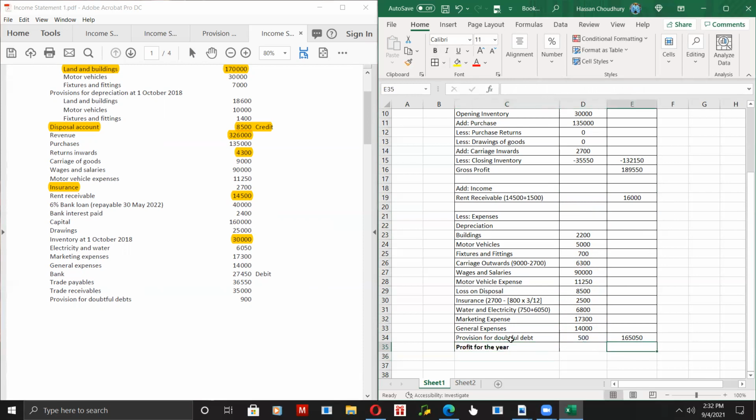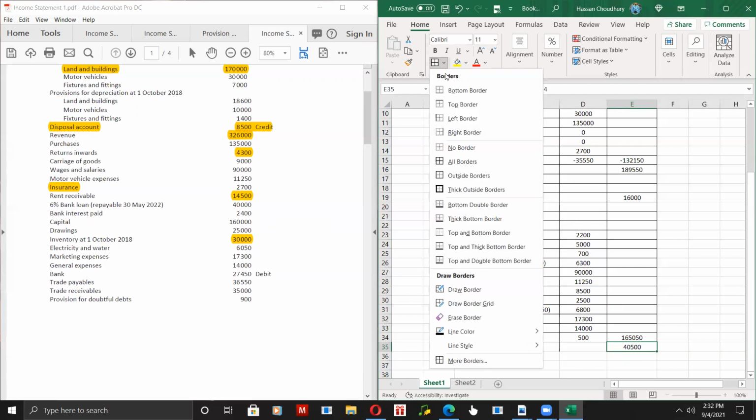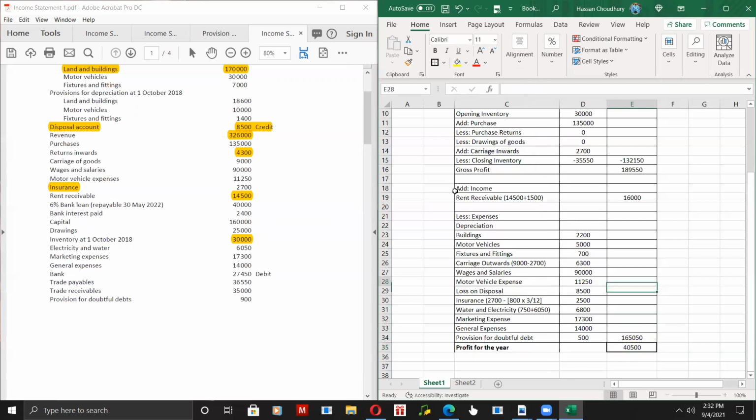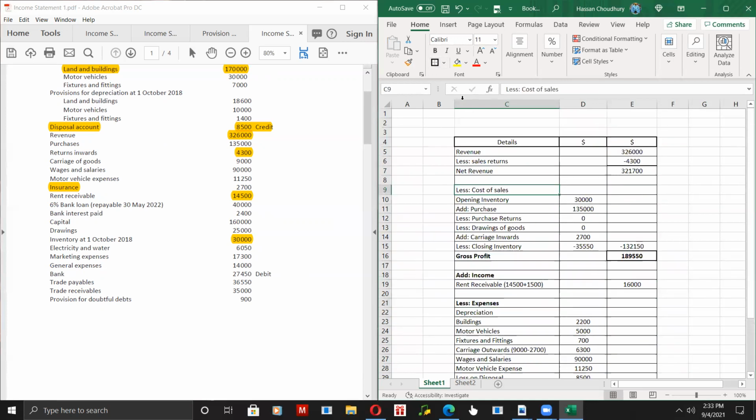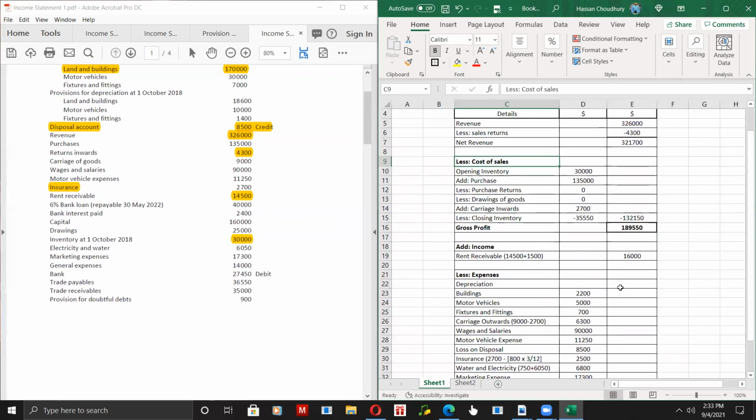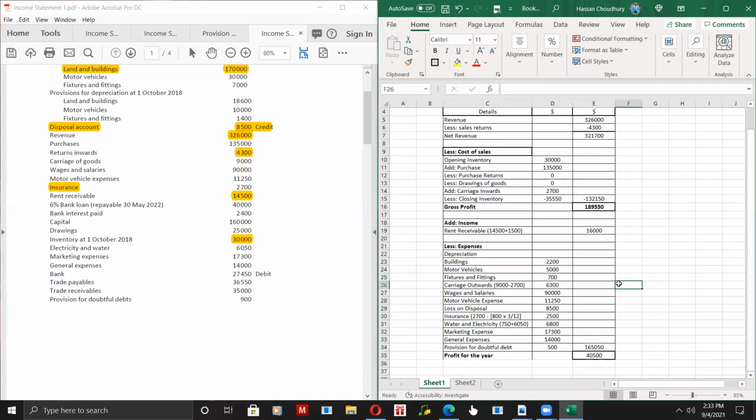What you have is your gross profit plus your income minus your expenses is your profit for the year. This figure is again a separate figure. Okay, this is the heading. So this is your income statement.